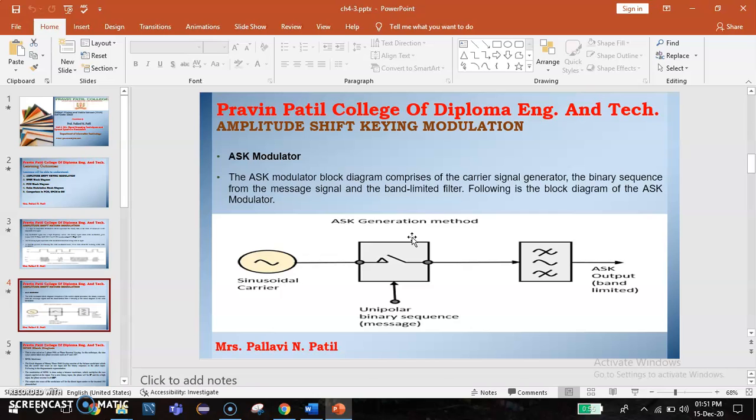Amplitude shift key is the simplest form of digital modulation. Here the carrier is a sine wave of fixed frequency. This is the ASK modulator. The ASK modulator block diagram comprises the carrier signal generator, the binary sequence from the message signal, and the band limited filter. This is the ASK modulator diagram.